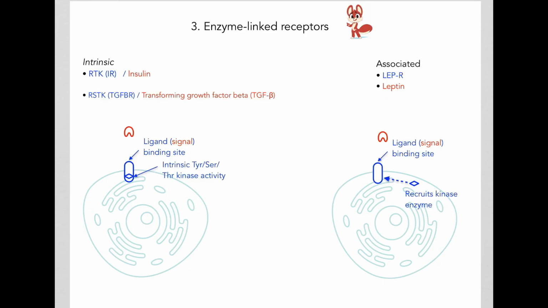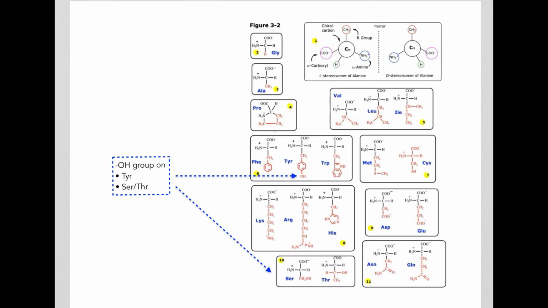Now, why are we quite specific about these amino acids here? Why do we call this tyrosine or serine or threonine kinase? If you look at the various amino acids that make up proteins, you will see that there are three amino acids that have hydroxyl groups, OH groups, and that is tyrosine, the aromatic amino acid, as well as the alcohol amino acids.